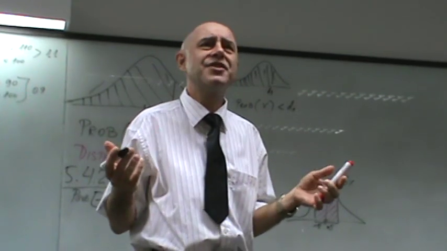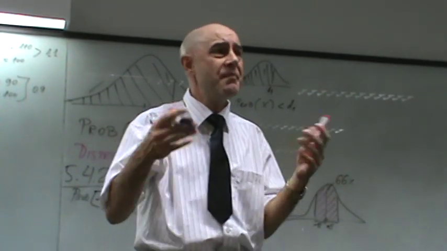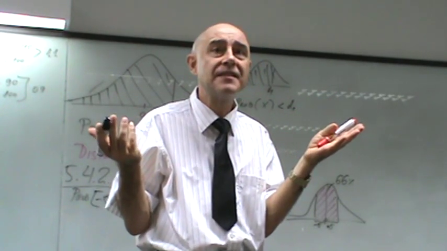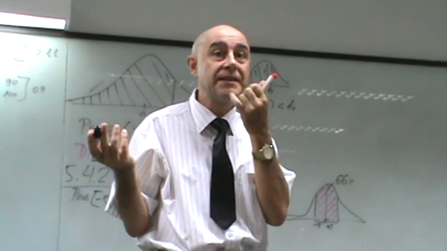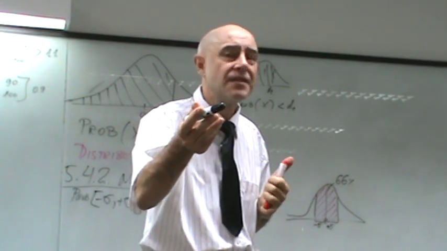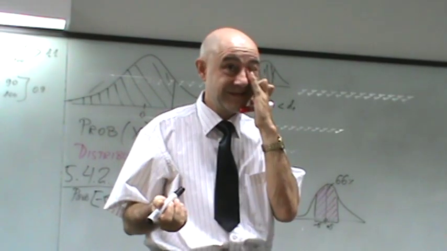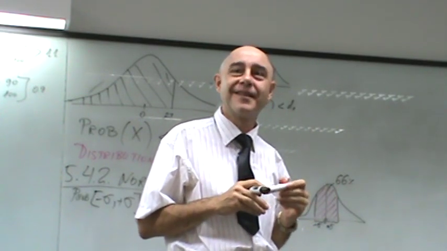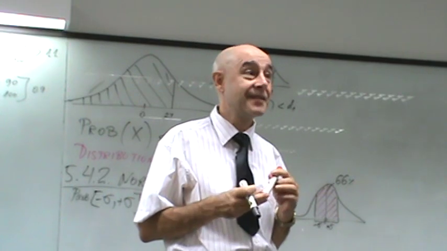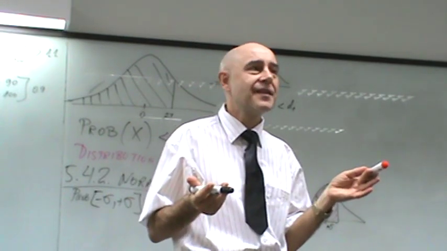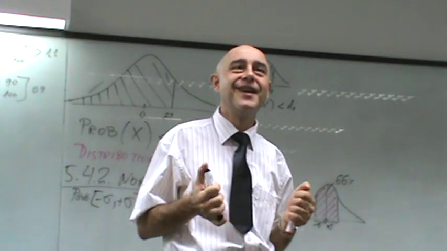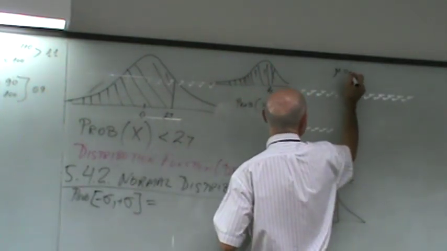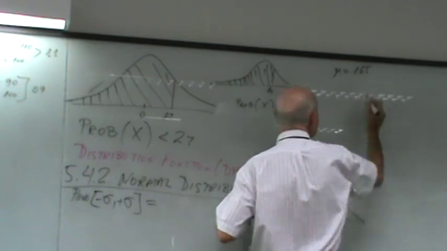What's the average height? Both men and women at the same time. About what? 166? Okay, there it is. So mu equals 165.